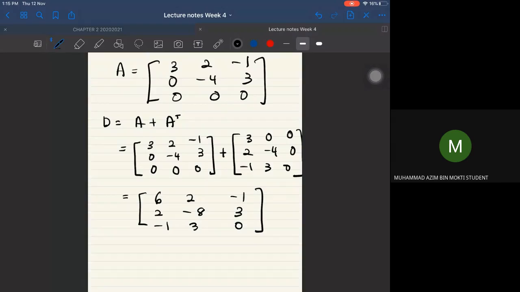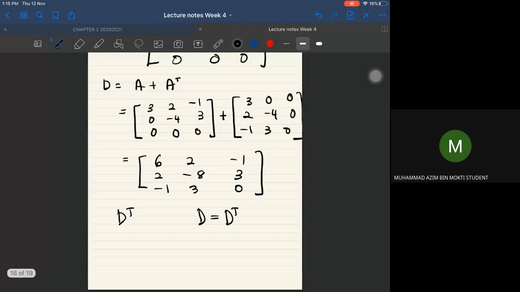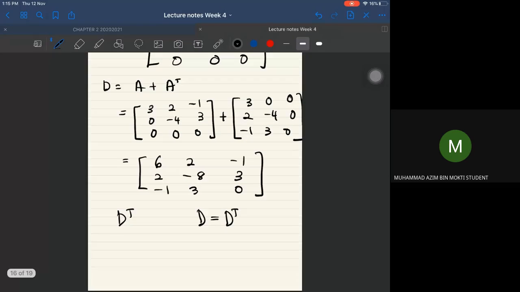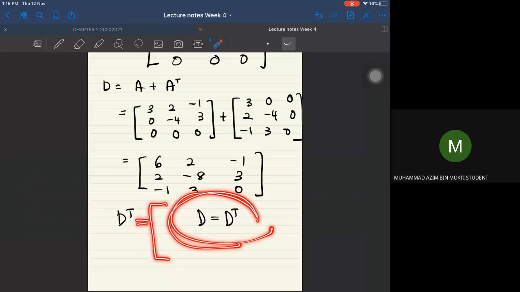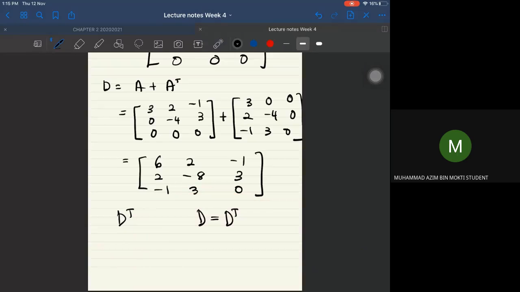Okay, so kalau you nak buktikan D is a symmetric matrix, so you kena cari D transpose. And you mesti tunjukkan yang D ni sama dengan D transpose. Okay, so your reason will be D is a symmetric matrix since D is equals to D transpose. Sebelum you nak buat reason ni, you kena carilah dulu D transpose ni apa. Mesti dapat nilai yang sama.